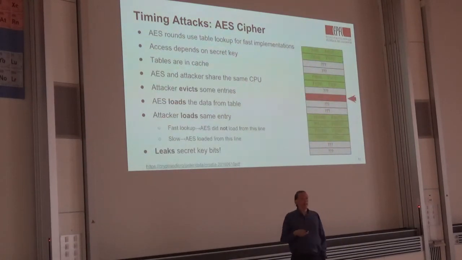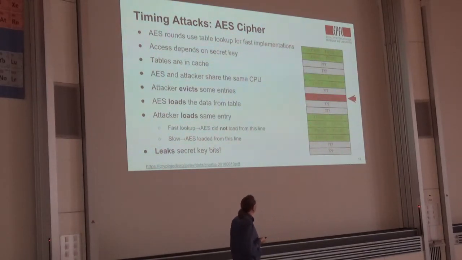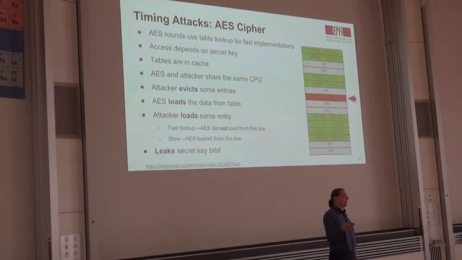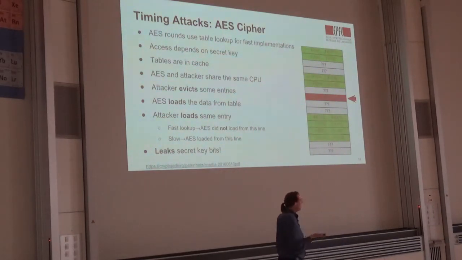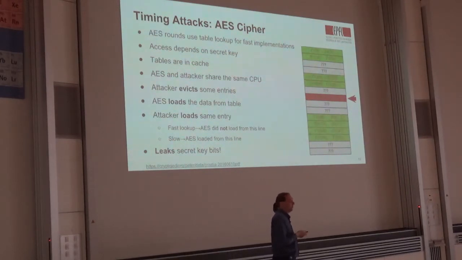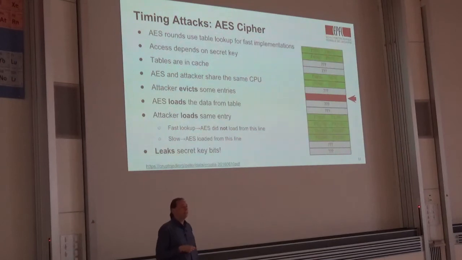Now, finally, at some point after some AES loops happen, the attacker gets control again, either because of another context switch or because the attacker was continuously running and just stopped waiting. And so now the attacker wants to figure out which of these AES table entries got accessed by the victim. The attacker can't directly read the state of the cache, but what he can do is read back the attacker's data, right?